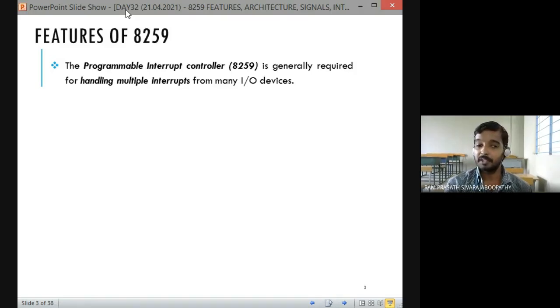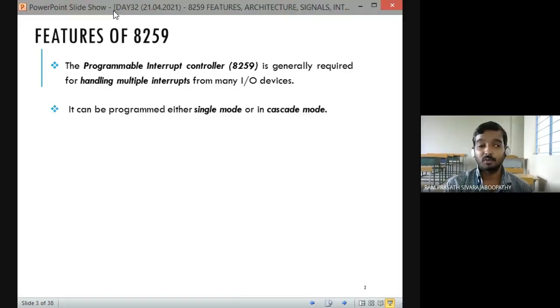Coming to the interrupt, who is going to initiate the interrupt process, the CPU or the IO devices? Yes, very good. The IO device is going to initiate the interrupt process.